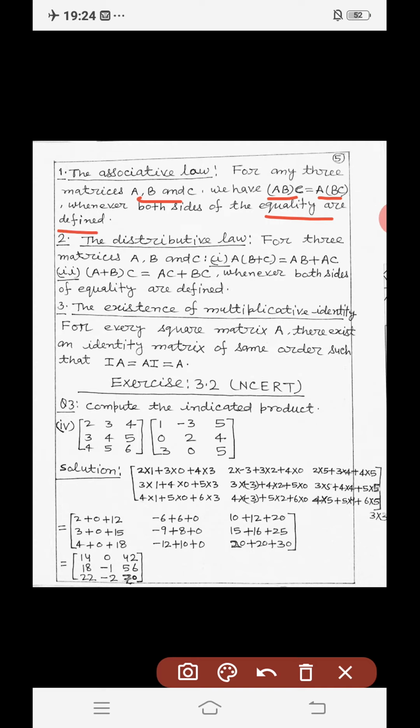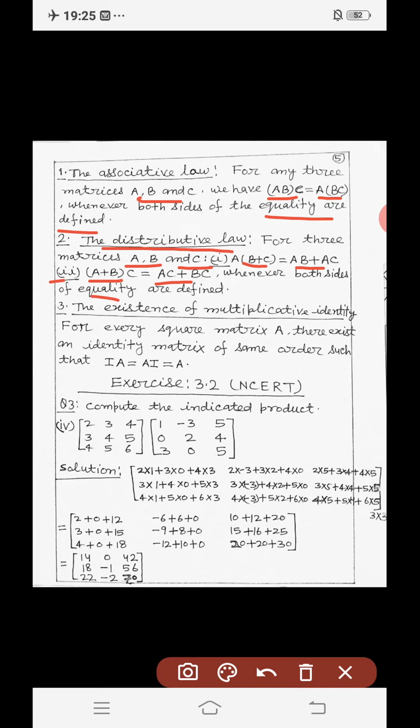Second, the distributive law. For three matrices A, B and C, first, A into (B plus C) is equal to AB plus AC. Second, (A plus B) into C equal to AC plus BC whenever both sides of equality are defined.